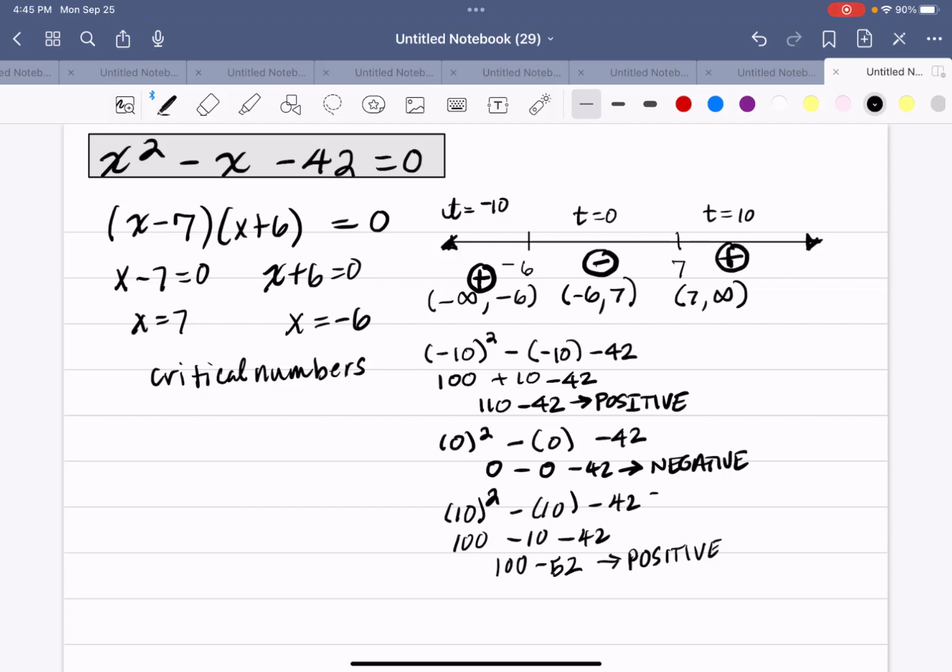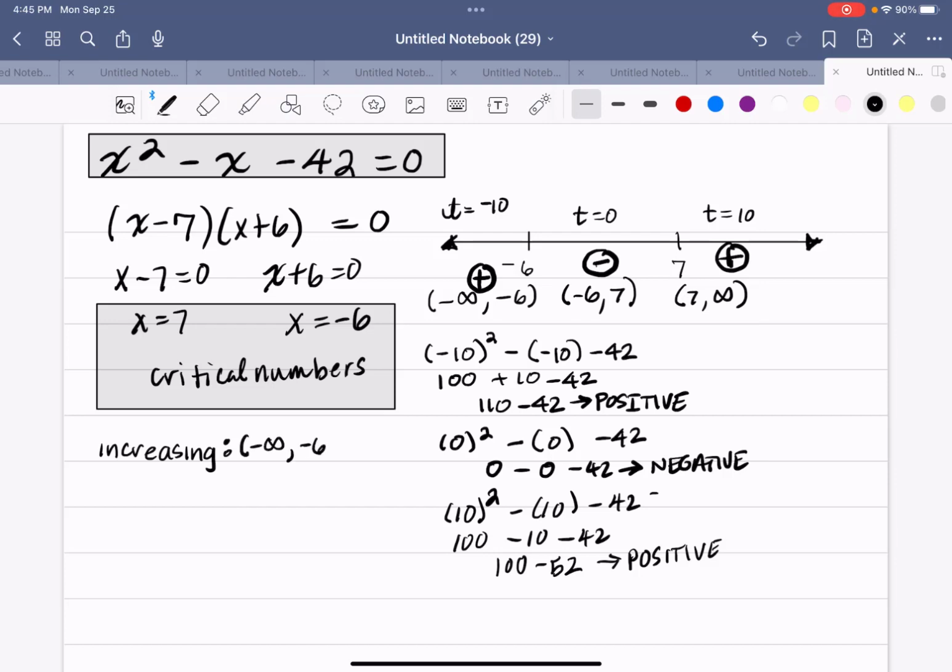So our final answer will be, these are our critical numbers, and this function increases on the positive intervals. So that's from negative infinity to negative 6, and separated with a comma, 7 to infinity.